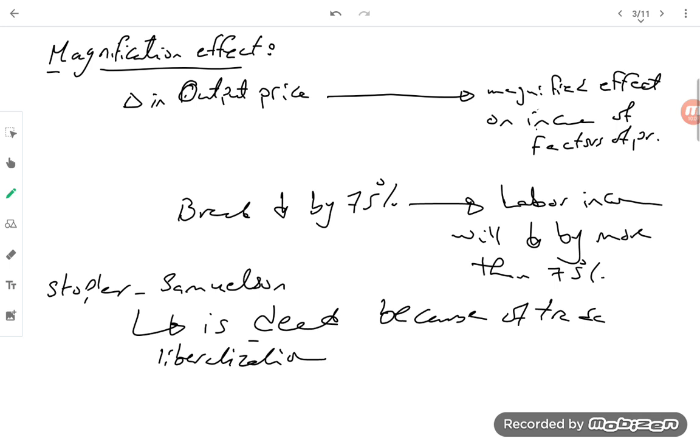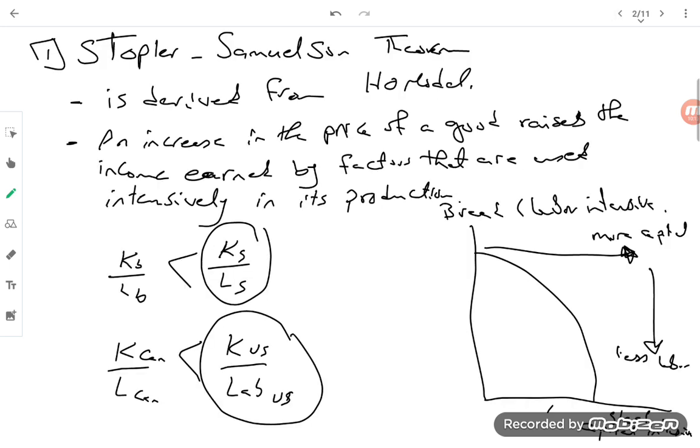So this is the main idea of theory number one. So once again, according to theory number one, which is Stolper-Samuelson, which is derived from Heckscher-Ohlin model, Stolper and Samuelson focus mainly on how trade affects distribution of income.